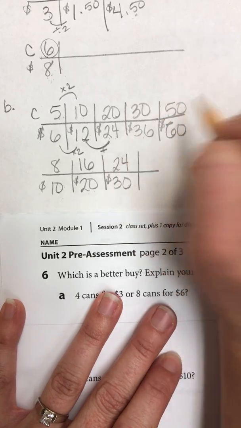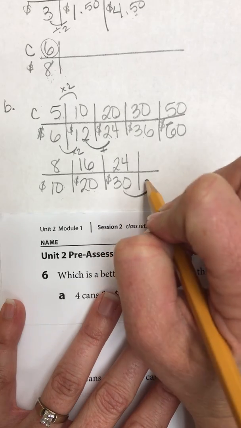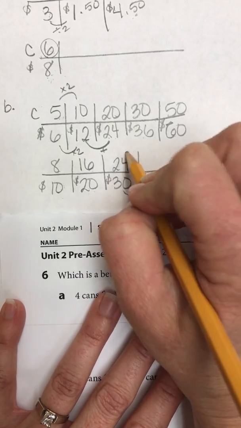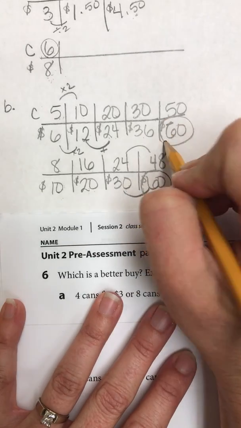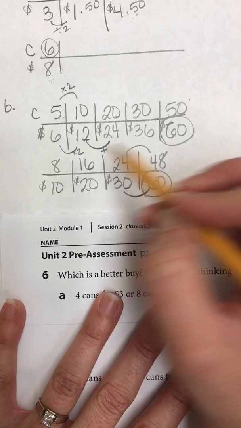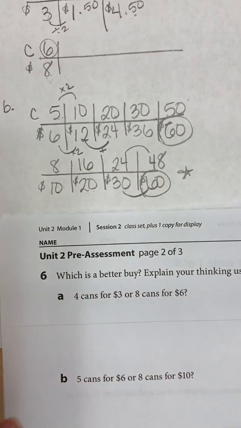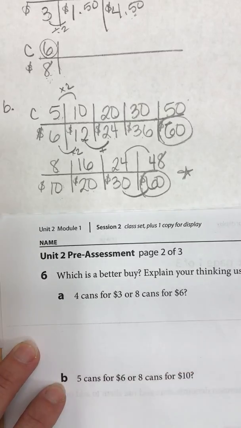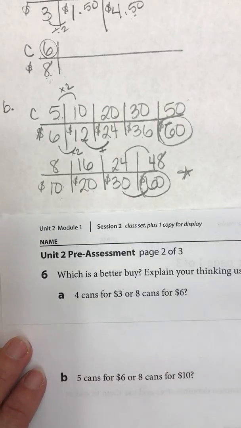So for 50 cans, it's $60. So now I have 60, and here's 30, so I can double this and double the top. Ooh, so now I have the same amount, $60 and $60. Comparing my cans, it is a better buy to get 8 cans for $10. So that one, 8 cans for $10, is a better buy.